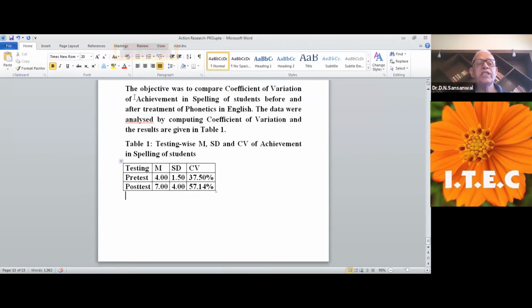The wording of the objective was to compare the coefficient of variation of achievement in spelling of students before and after treatment of phonetics. See, this is important, my dear friend.